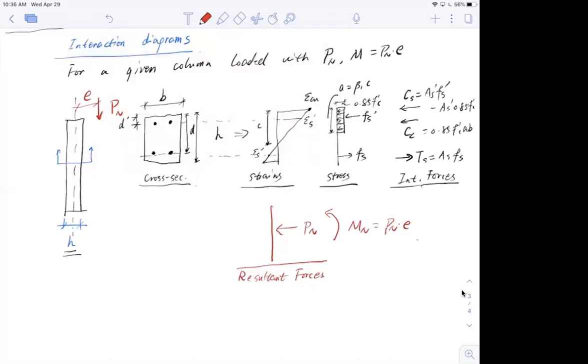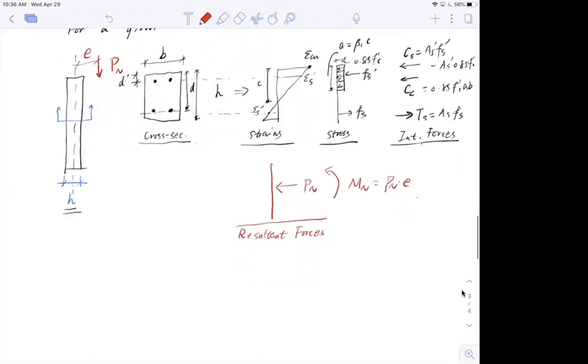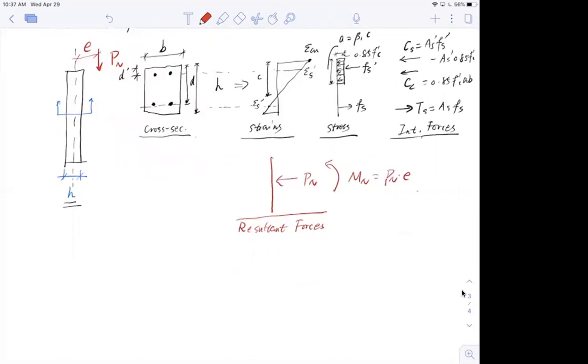All right. So now this essentially acts as the set of equations. The equilibrium is that we need to set internal forces to be equal to resultant forces.